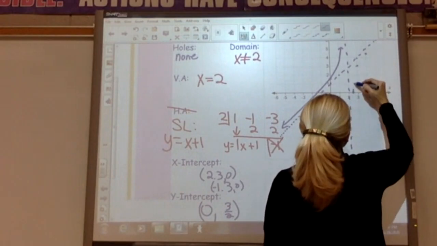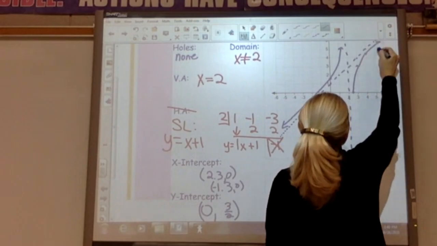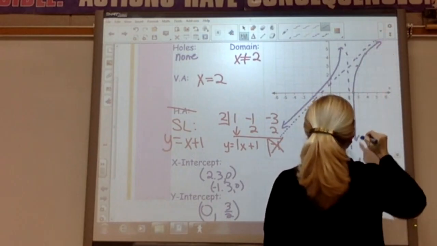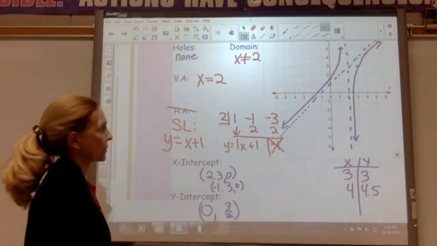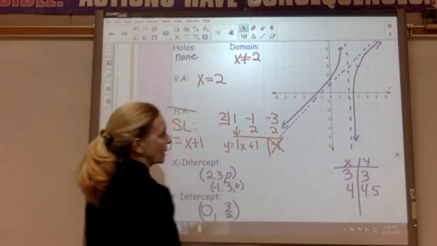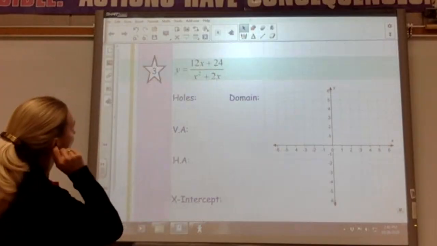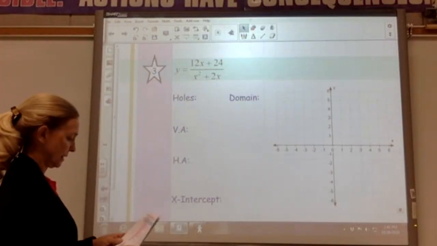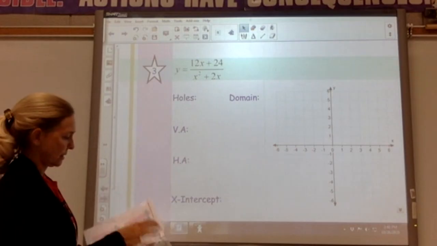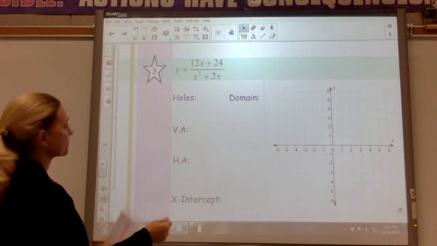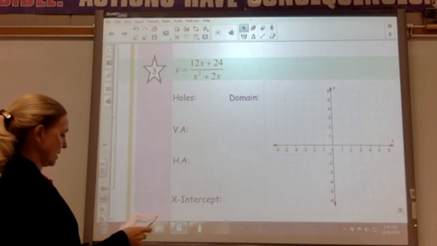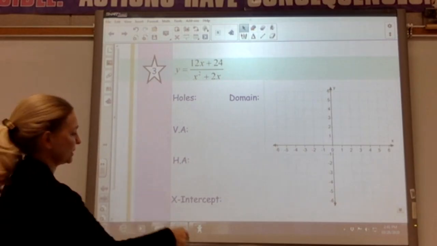So it's hugging this right here. Okay. So there's the graph. Right. And then this one I have on here.